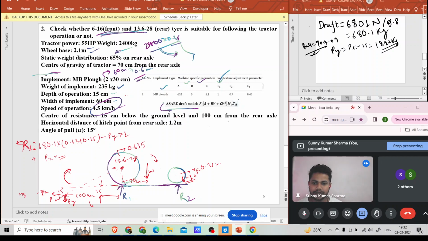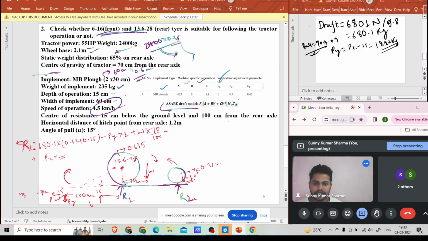So W into 70 centimeter is plus W into 0.7 meter. Then R2 is acting in the anticlockwise direction. If we have taken moments at R1, this is R2. So this R2 we will get from there.